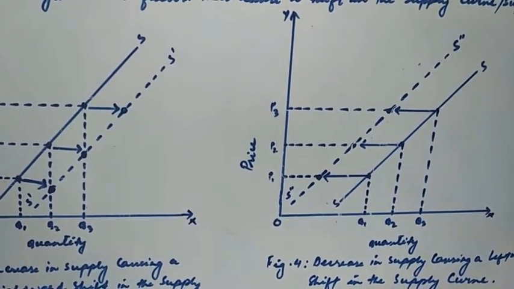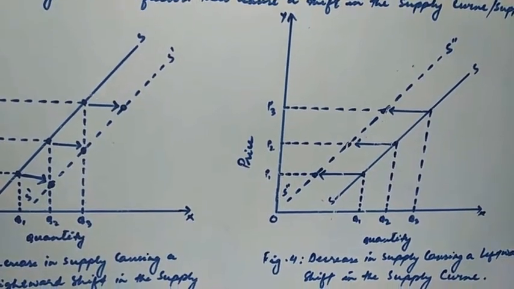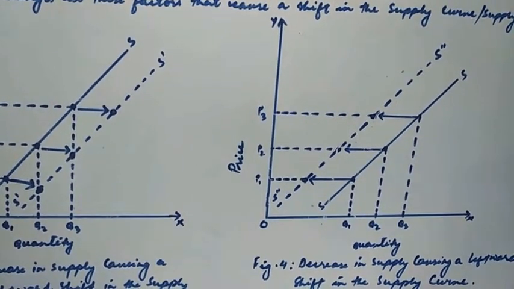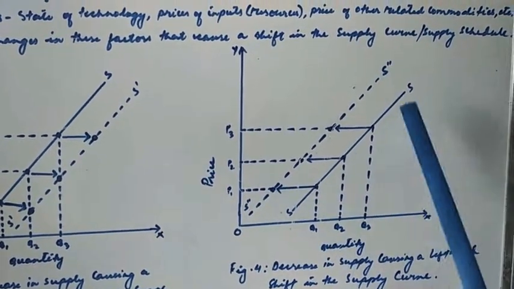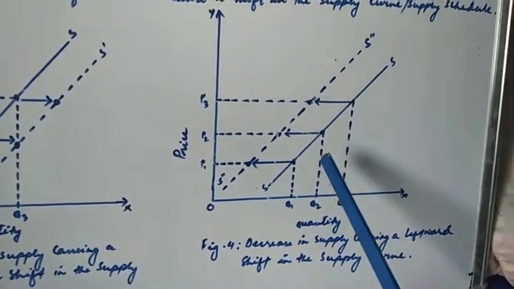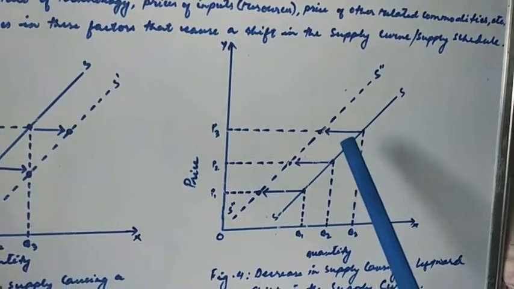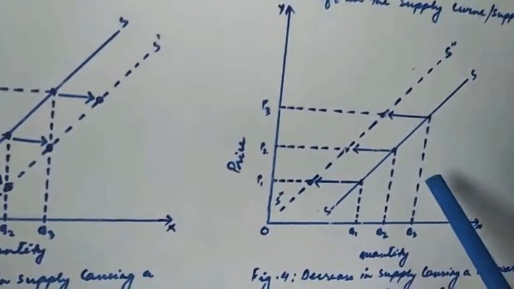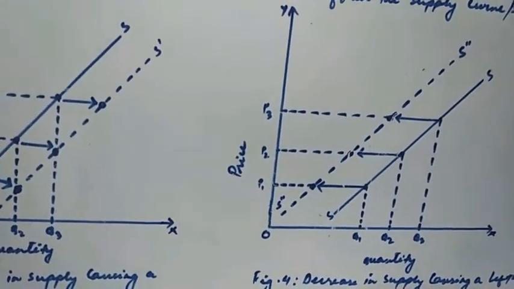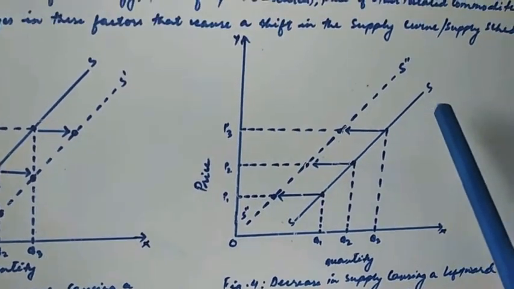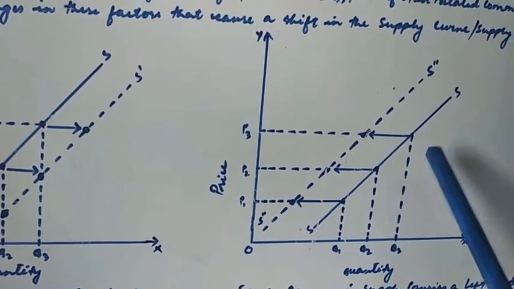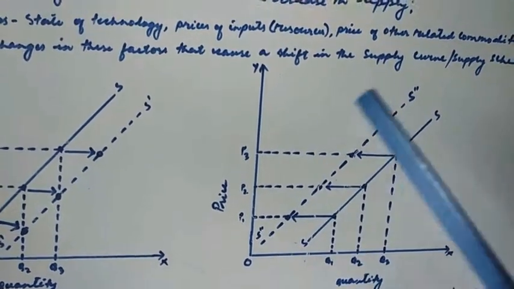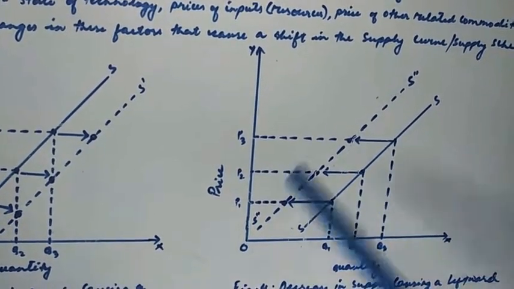The second reason is the imposition of an excise duty or sales tax on a commodity, which also contributes to the decline in the supply of a commodity. The imposition of an excise duty or sales tax on a commodity means that its quantity will now be supplied at a higher price than before.